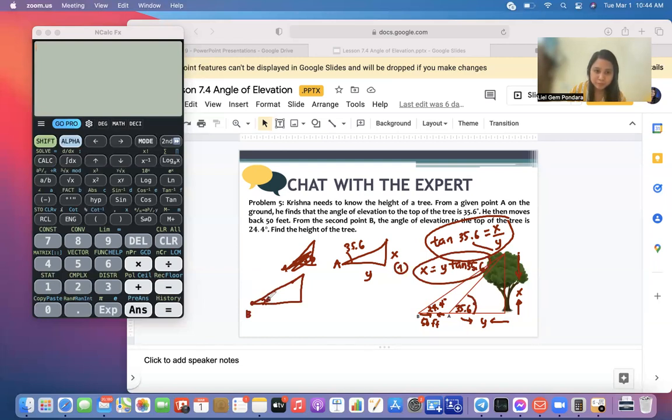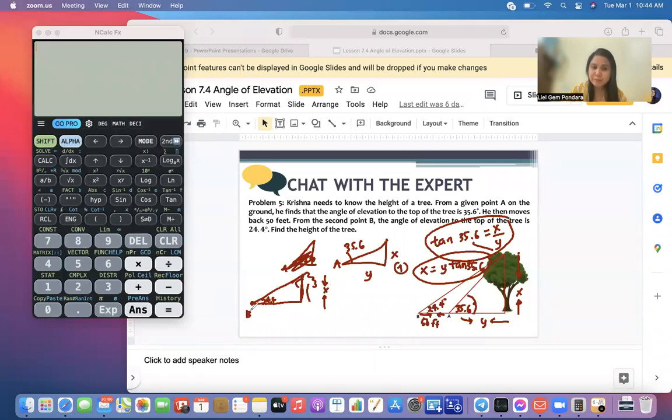Very good. Now remember, this is from the tree, right? What is the height of the tree? You can have it in the chat box. What's the height of the tree? Unknown, so you write x.